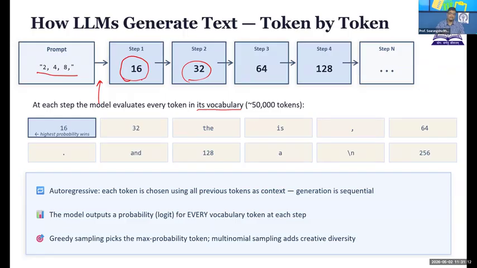The 16 got generated here because the probability corresponding to the token 16 was the highest. There were other tokens in the competition, so 32 was also there, but this was the highest. Sometimes you do sampling also. So that is the token by token autoregressive decoding.